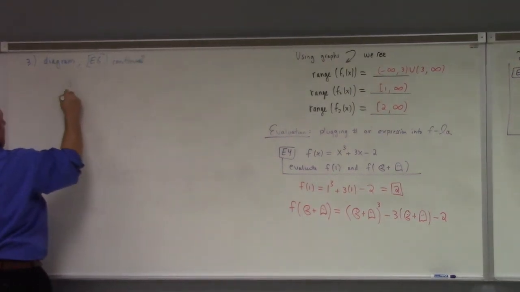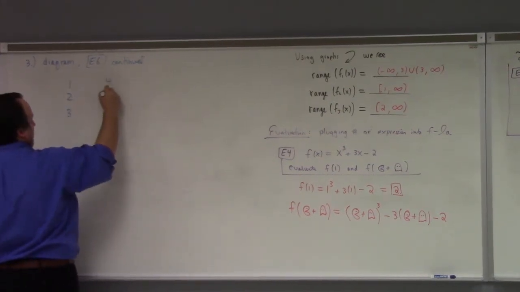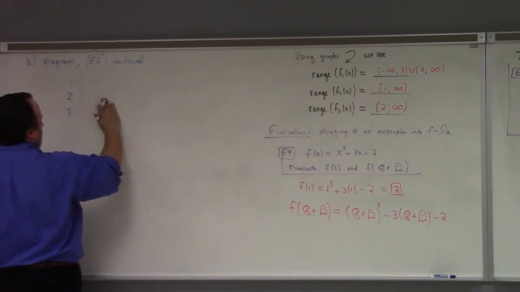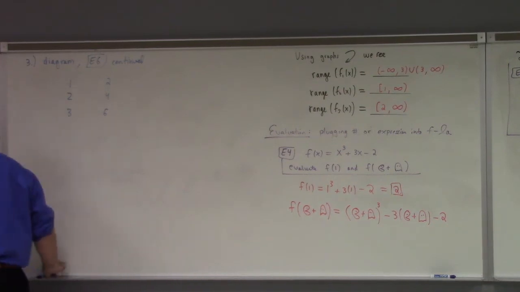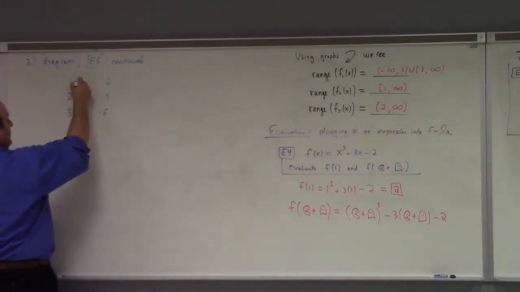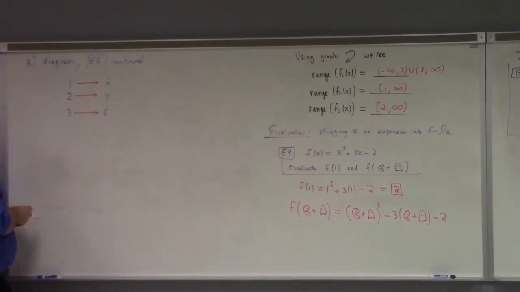So I had 1, I had 2, I had 3. I went to 2, 4, 6, right? So the diagram here is exceedingly silly. It's just 1 goes to 2, 2 goes to 4, 3 goes to 6.